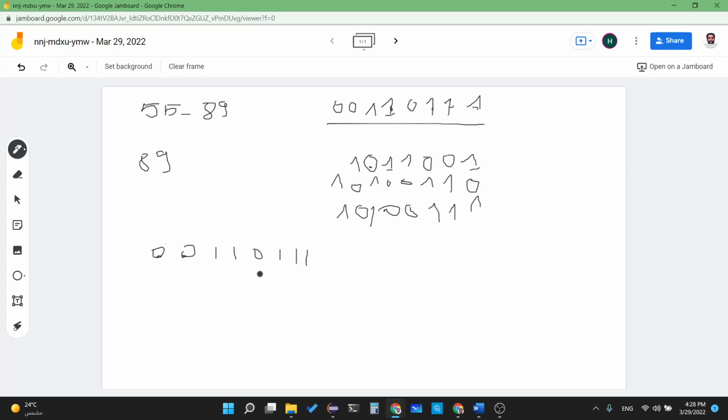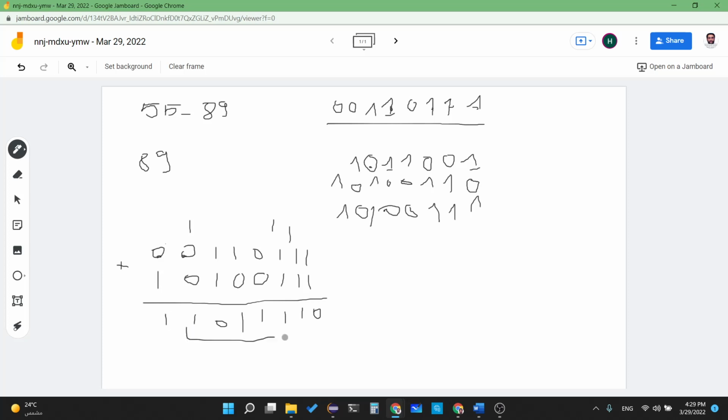This is 55, and then we have 1, 0, 1, 0, 0, 1, 1, 1. And here we make the addition, no? So here 1 plus 1, this is 10, 0, 1. Here we have 11. Then we have 11 again, 1, 1, 10, 1, and here we have 1.